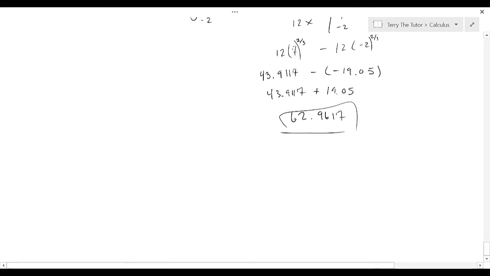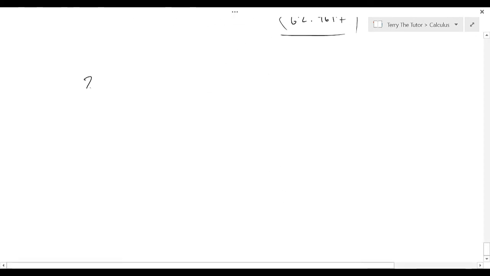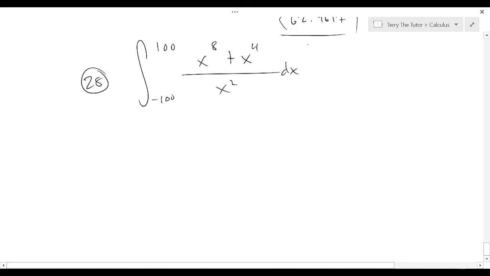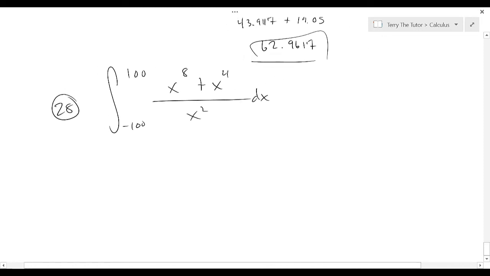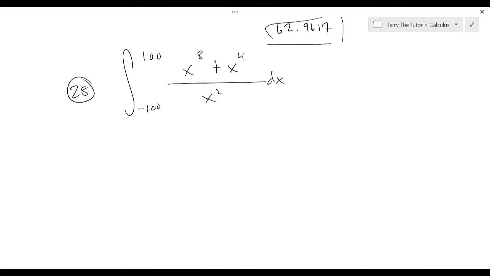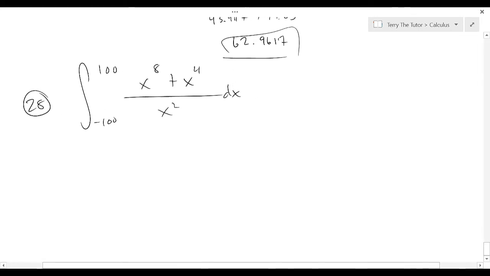Let's go ahead and try number 28. We've got the integral from negative 100 to 100 of x to the 8th plus x to the 4th over x squared dx. What I'm going to do is split the numerator first.